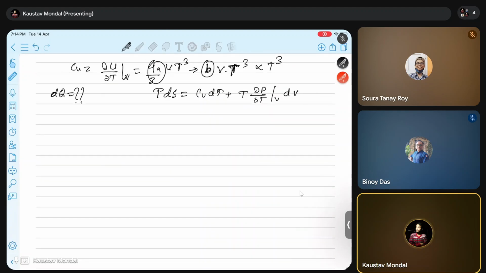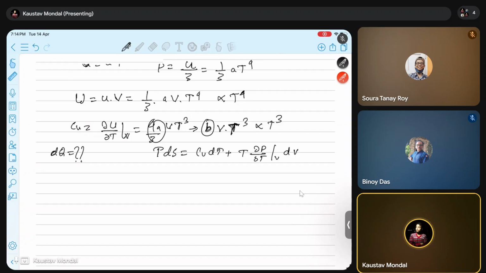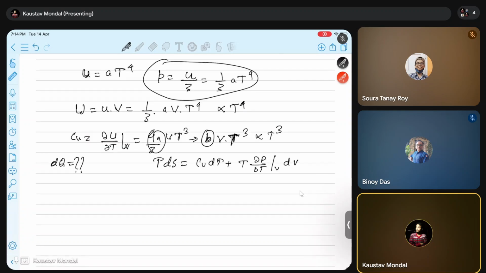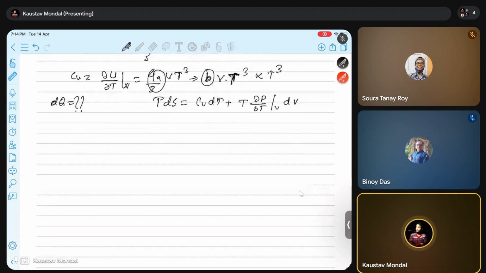Now, the change in heat, delta Q, you can calculate from here. del P del T you already know. P is basically this, so del P del T is nothing but 4 by 3 A T cubed, and CV you already know, 4 A V T cubed.